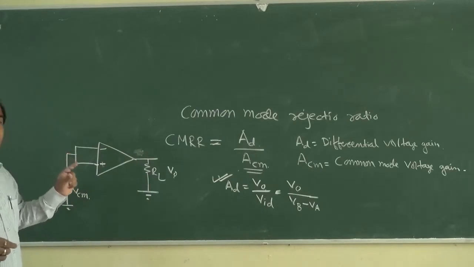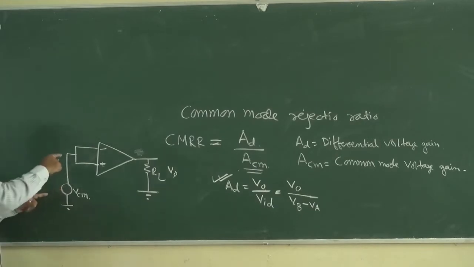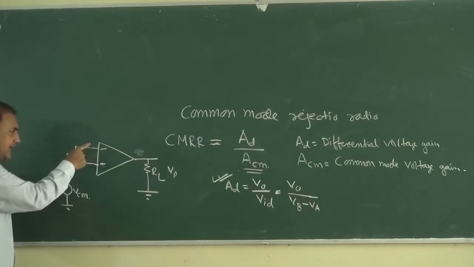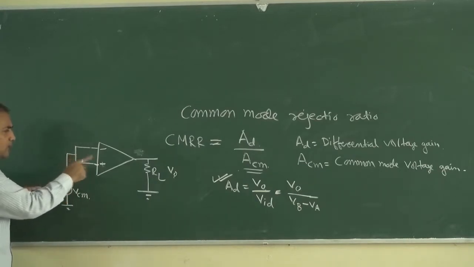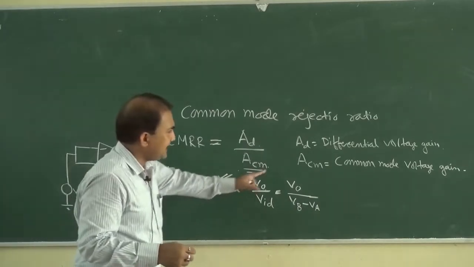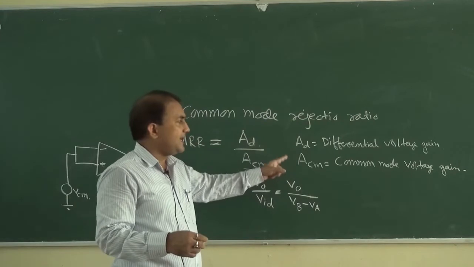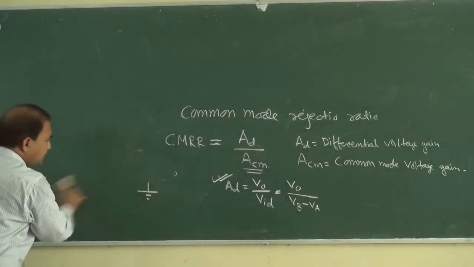In order to determine it, we have to give the input to both inverting and non-inverting terminal from the same source, so it will be connected to both. From this we can get ACM. Normally ACM is very less. In ideal case it is equal to 0.